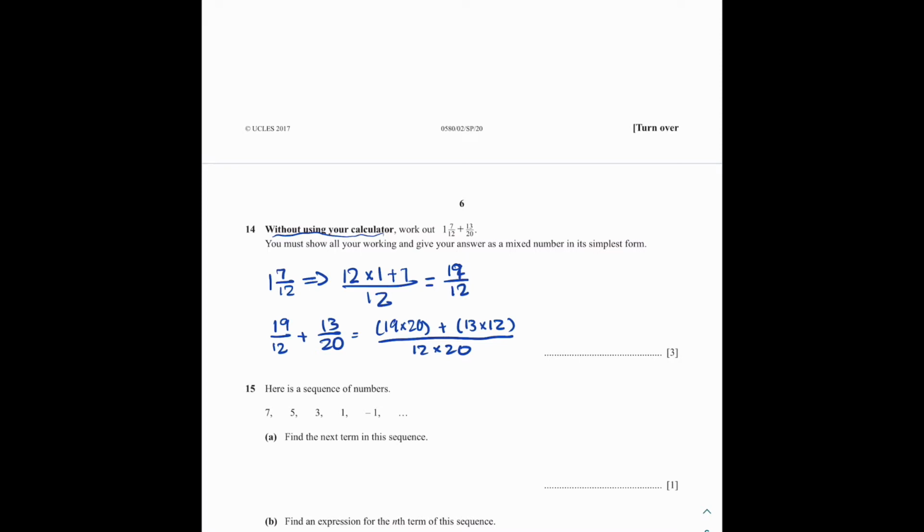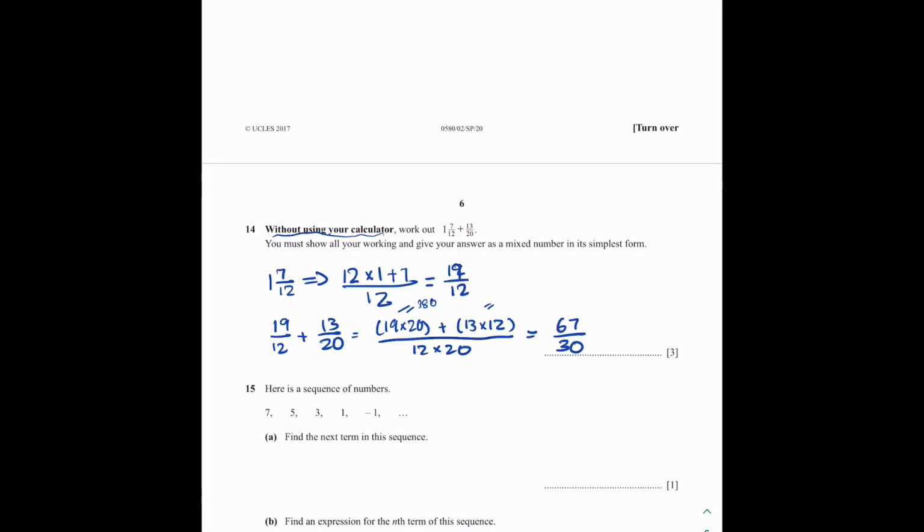Okay, and we're just going to evaluate this. 19 times 20 plus 13 times 12 divided by 12 times 20. 19 times 10 is 190, so 19 times 20 is just 380.